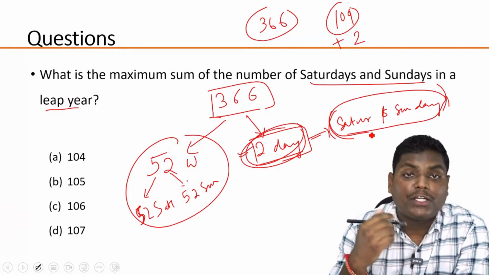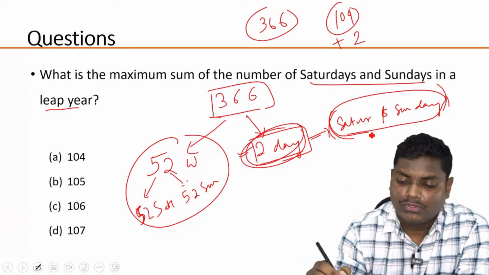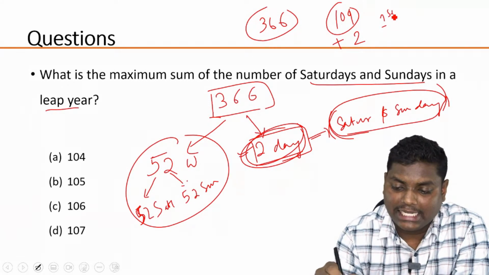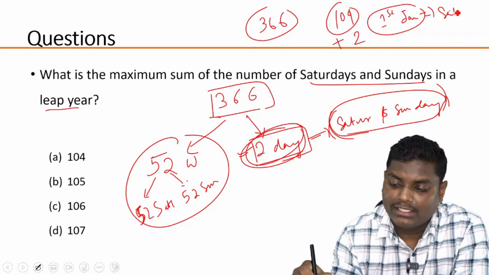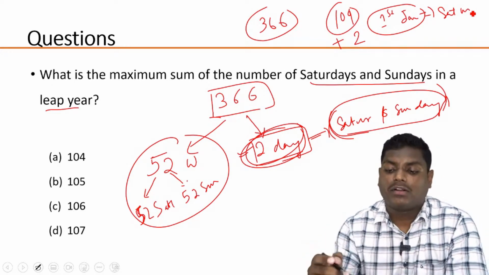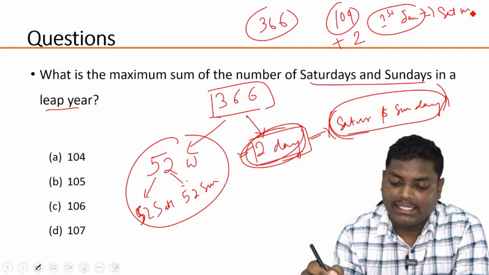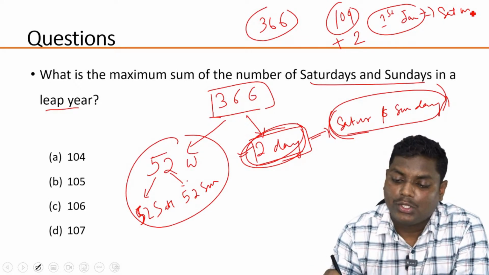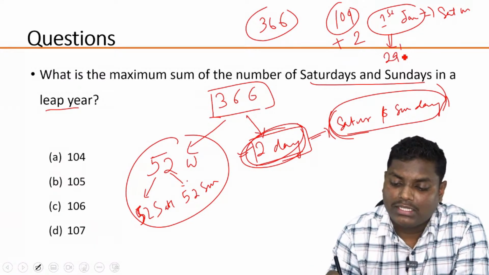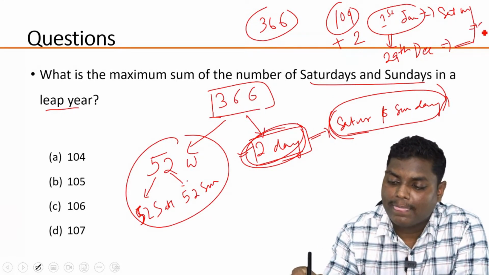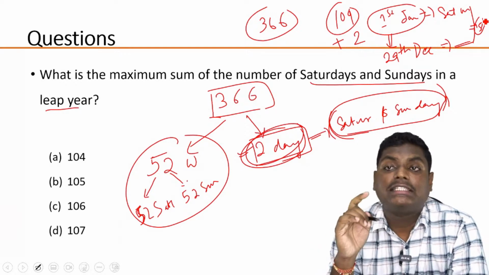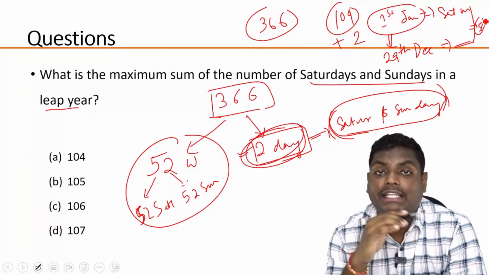If you take the 1st of Jan to be a Saturday, since we need the maximum number of days, you can start with Saturday. Then by 29th December, you will be completing your 52 weeks, considering this is a leap year.